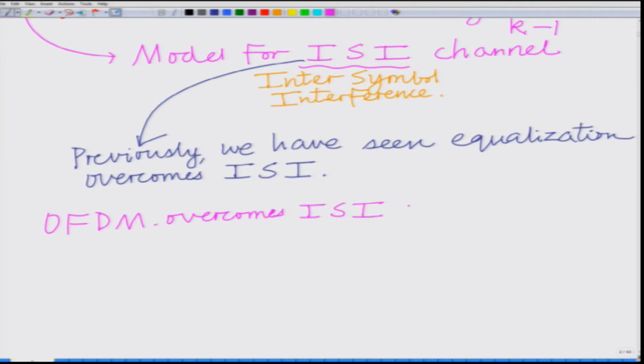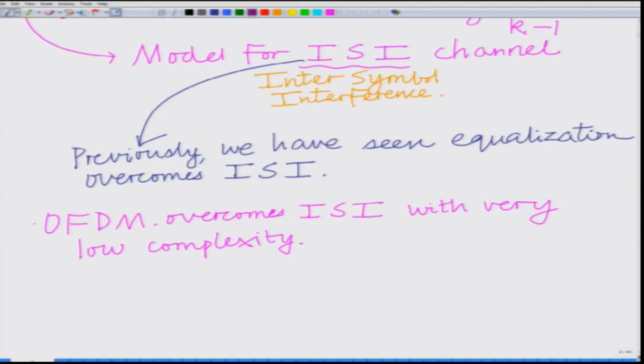One is that it overcomes ISI with very low complexity. That is the advantage of OFDM, or orthogonal frequency division multiplexing: it is a very low complexity, very efficient scheme to overcome the inter-symbol interference in the wireless channel.